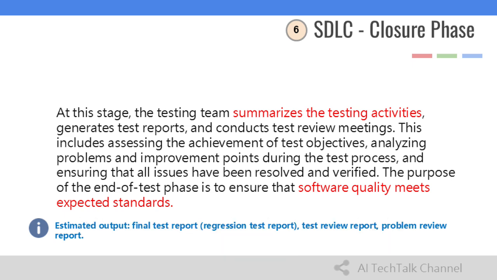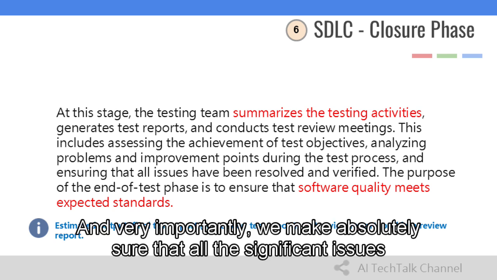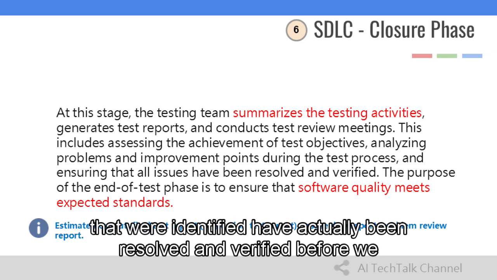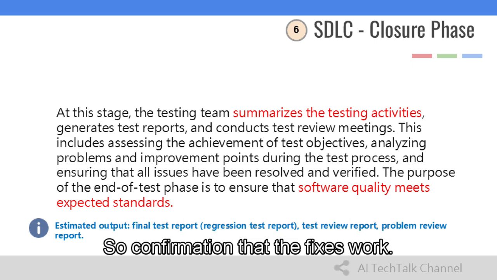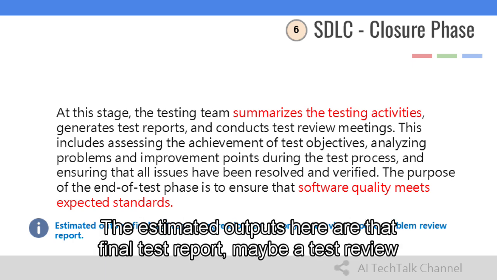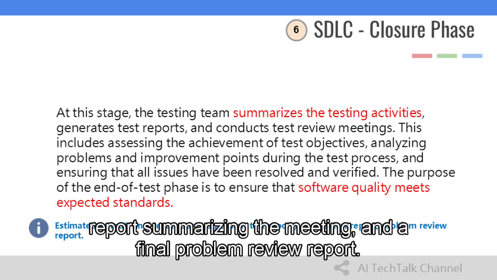What did we learn? How can we improve the process next time? Continuous improvement baked in. Very importantly, we make absolutely sure that all the significant issues that were identified have actually been resolved and verified before we officially sign off on the testing phase. The outputs here are the final test report, maybe a test review report summarizing the meeting, and a final problem review report.